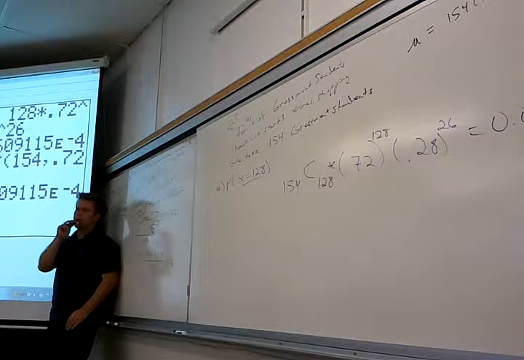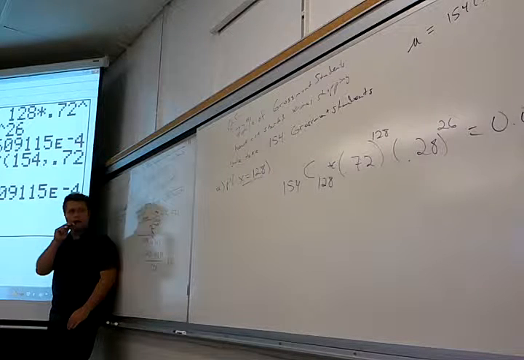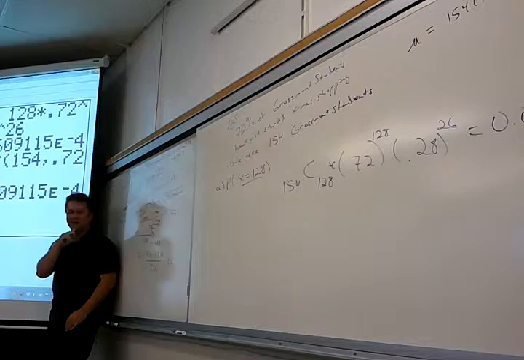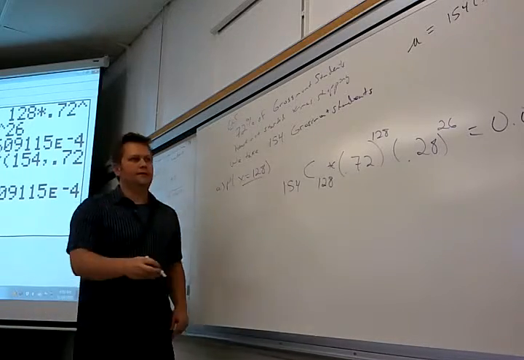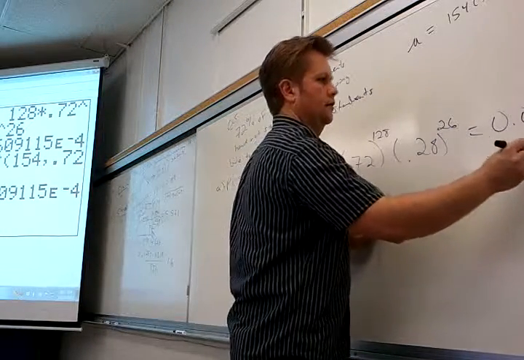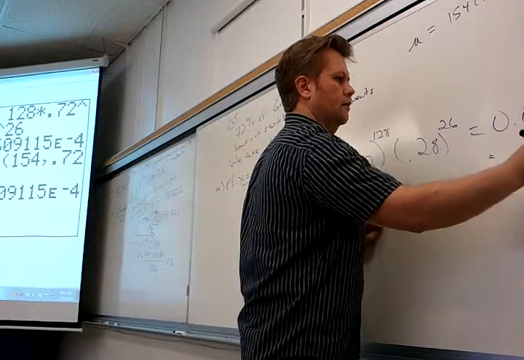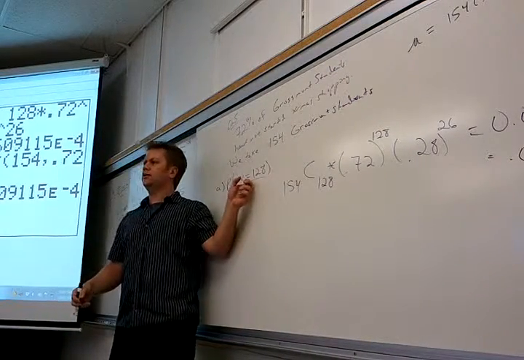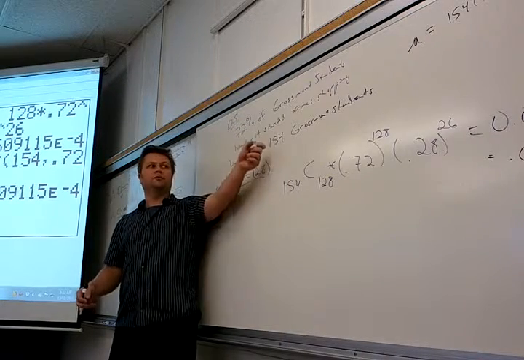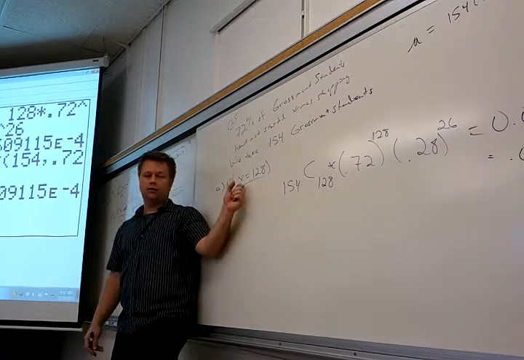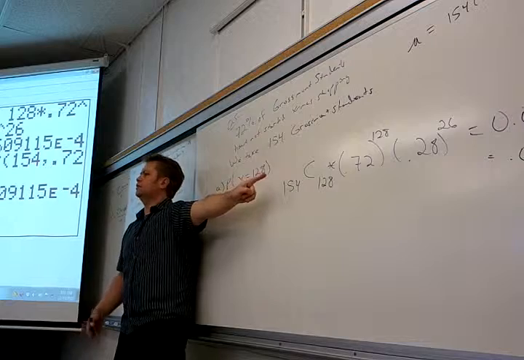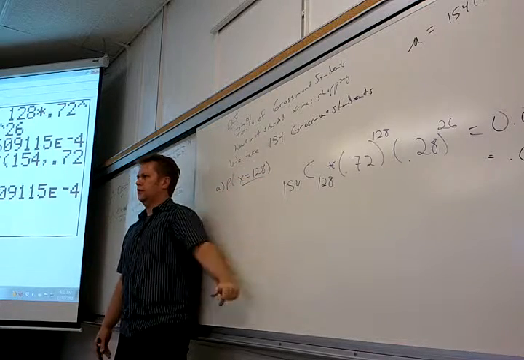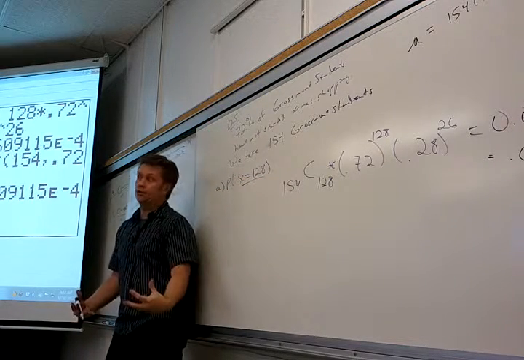So that's saying that 1 or 4 thousandths or whatever that is, that's the chance that 128 people out of 154 haven't started, the probability of exactly 128 out of 154 students. It makes sense that it would be such a small probability, the chance you're going to get exactly 128.